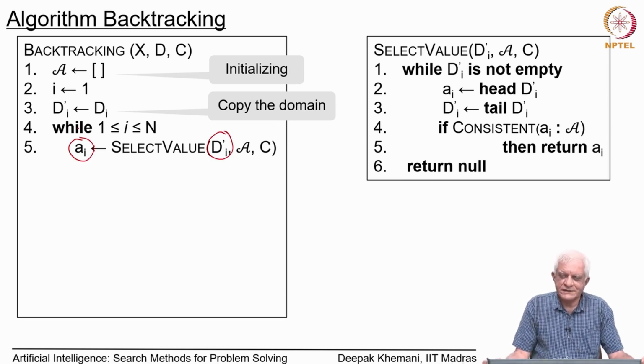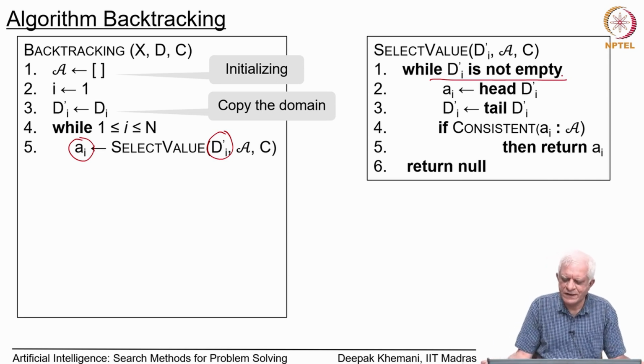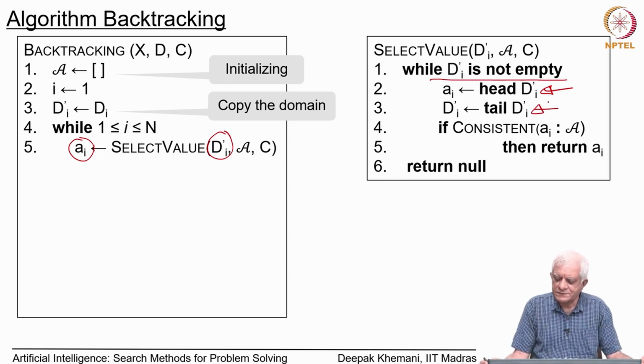So, what does this function select value do? It keeps looking at values in the domain Di, and remember that we are working with its copy, Di prime, and takes out the first value. If that value combined with the assignment that has been constructed so far is consistent, then we return the value ai.